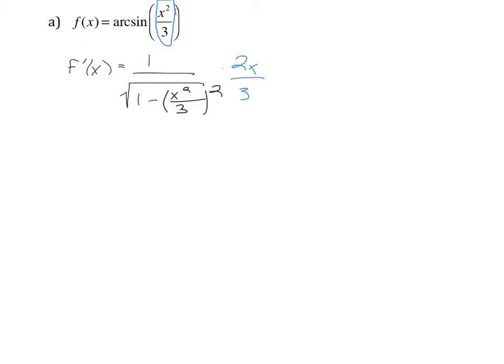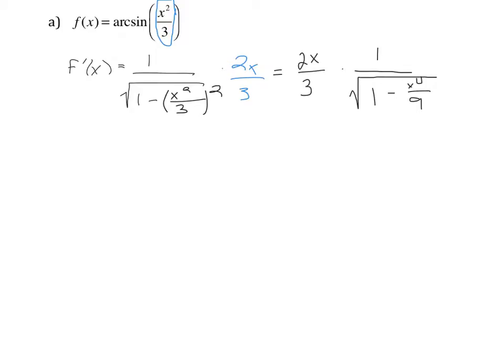Then I'm going to begin formatting a little bit differently, so some things jump out at us. I'm just going to pull the 2x over 3 out to the front, get it out of the way. I'm not loving the complex fraction situation here, so let's start working at that. I'm going to square the stuff that's being squared, so I'll have 1 minus x to the 4th over 9.